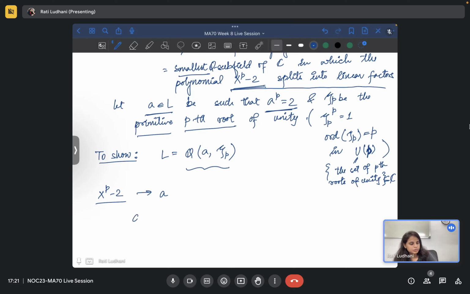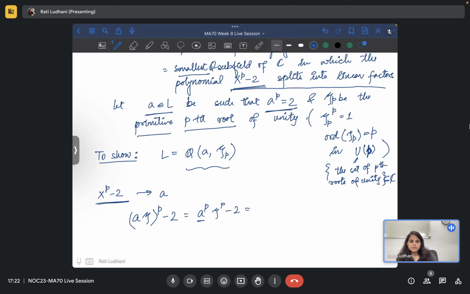What does this mean? If we want to check whether it is a root of this polynomial, we just have to put it in place of x and check if it gives 0 or not. So this is a raised to power p, zeta raised to power p, minus 2.